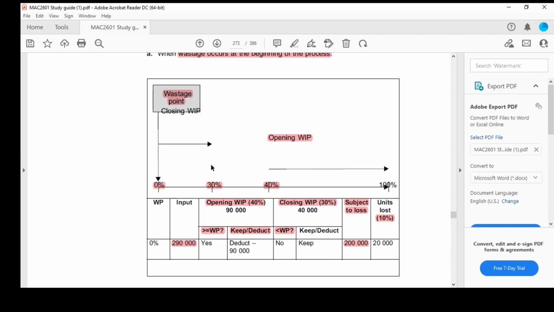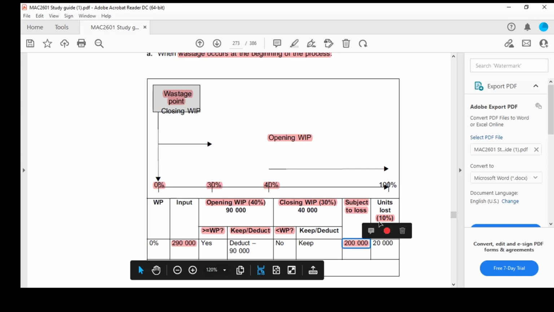Remember, 200,000 is subject to loss, but you must ask how much is the loss. The loss was 20,000. Yes. Then out of the 200,000, how much was that closing WIP? 30%.